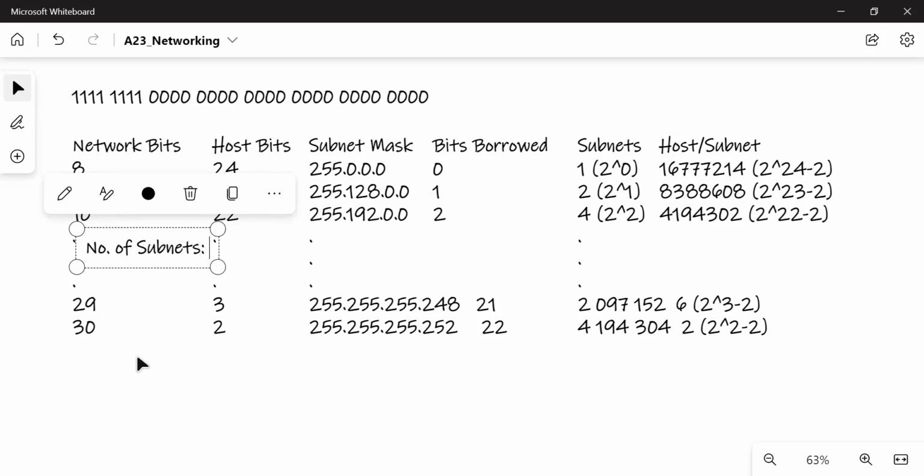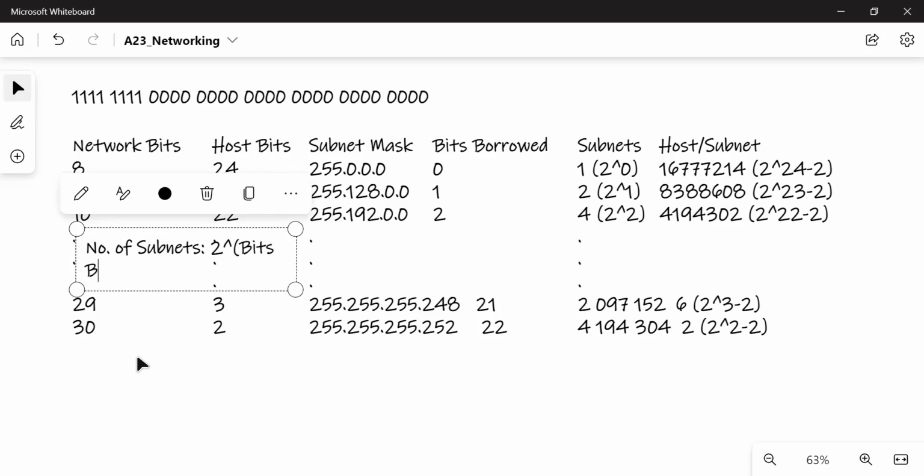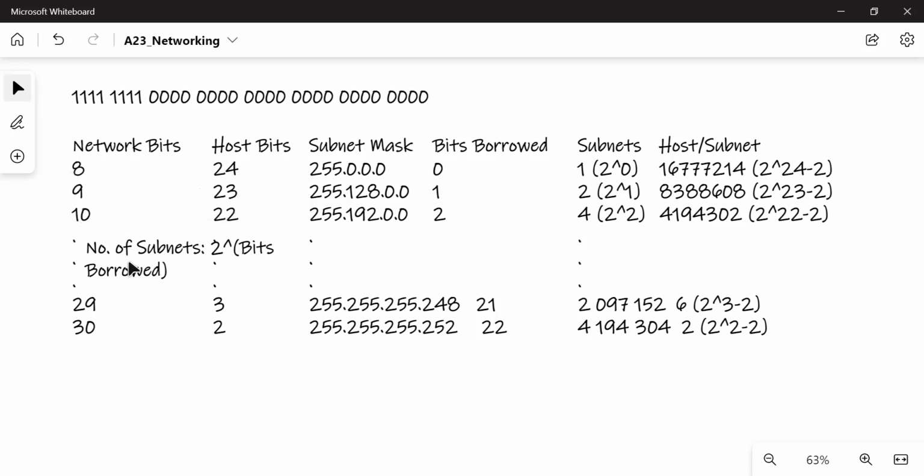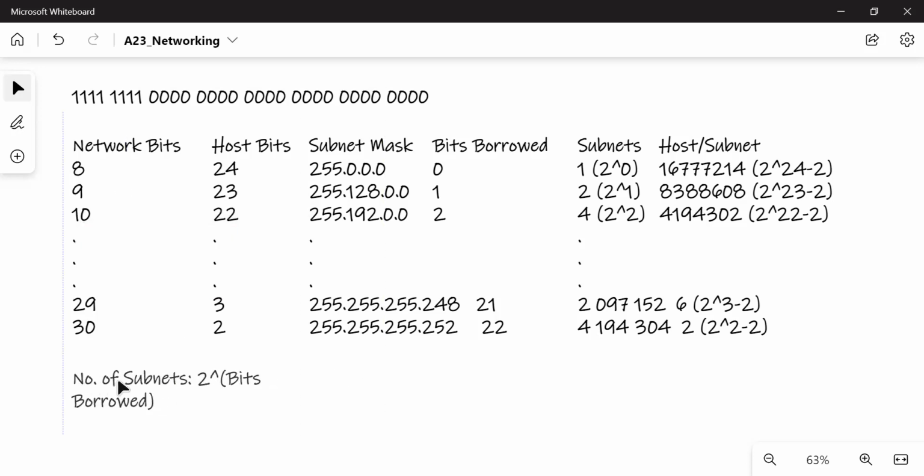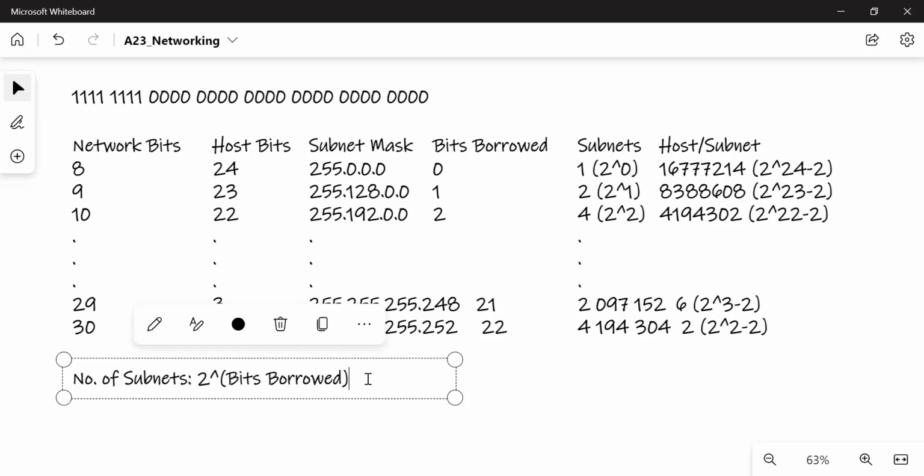We can calculate this as 2 to the power number of bits borrowed. So the number of subnets is equal to 2 to the power number of bits borrowed.